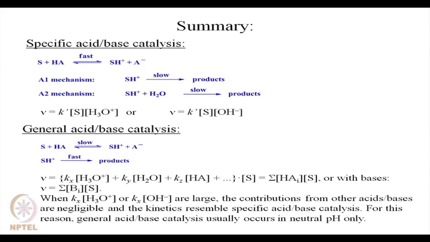So, it is very important under what pH condition or buffer condition you are carrying out your reaction. We have learned the specific and general acid base catalysis, various mechanisms, the rate schemes, and also the effect of pH and buffer concentration.